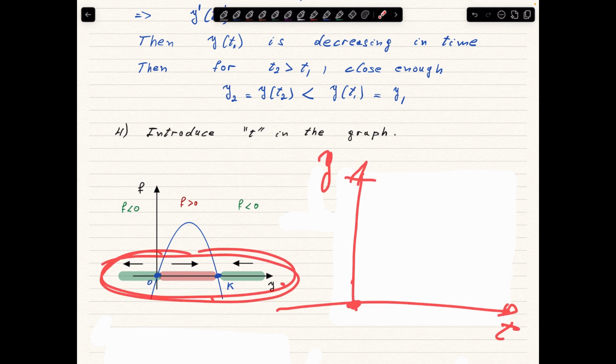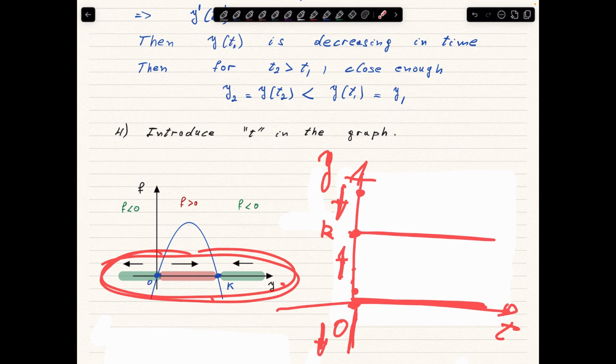So we have 0, we have k, we have here decreasing solutions, here increasing solutions, and here decreasing solutions. That means these are the equilibrium solutions, 0 and k.